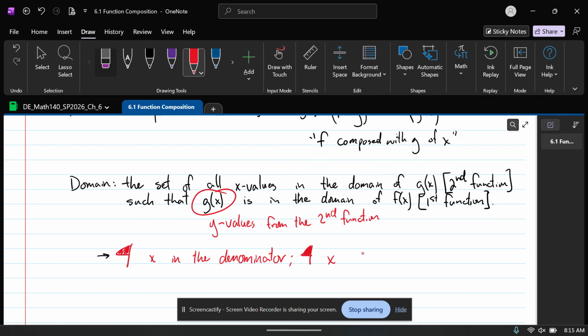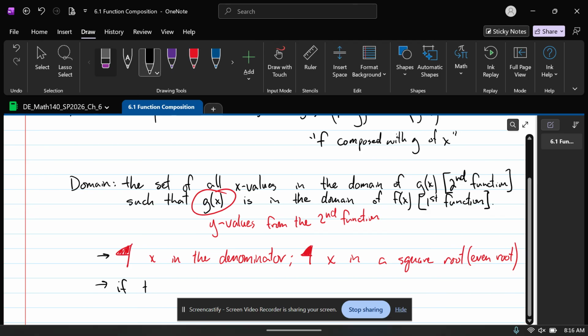Not in the exponent, but in a square root, or an even root. Square root is the most common even root, and that's the one we see the most, but it technically goes for a fourth root, or sixth root, or an eighth root too. So x inside of that square root, we get some issues. Those are the two red flags for domain. That hasn't changed.